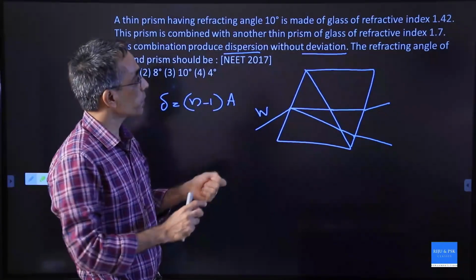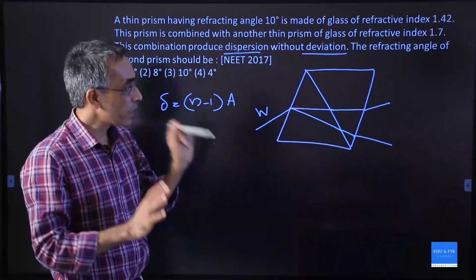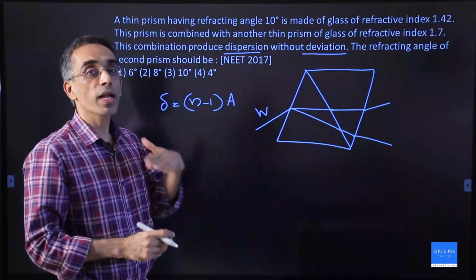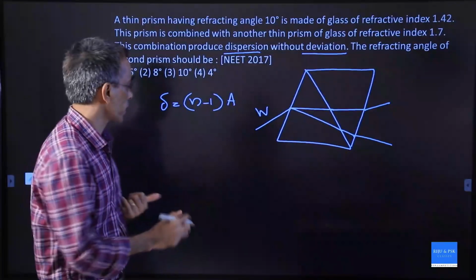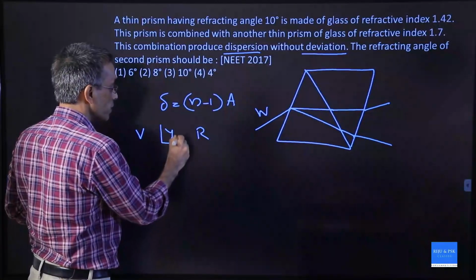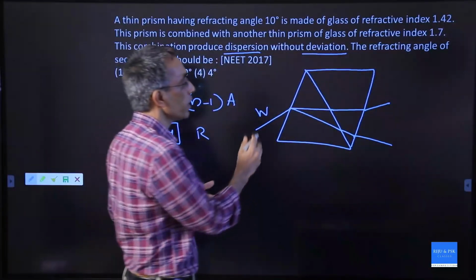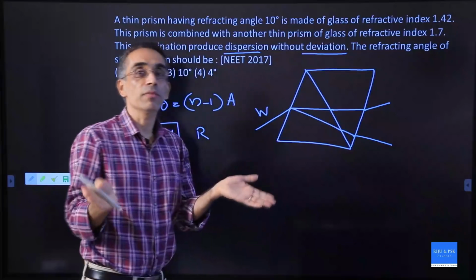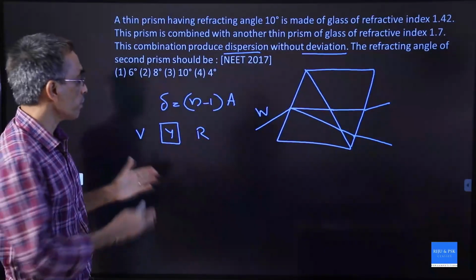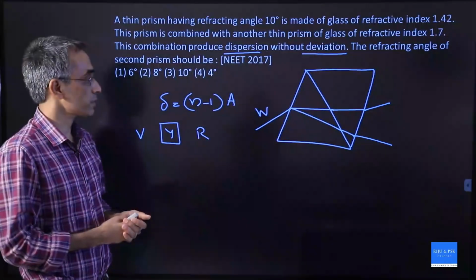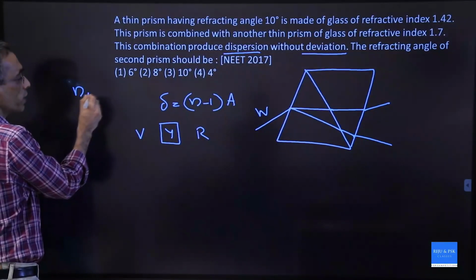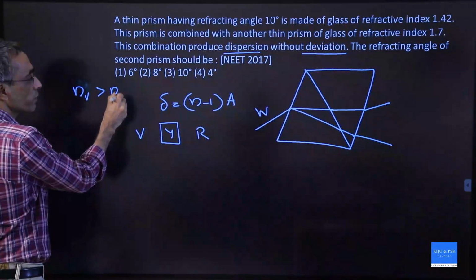So, what is the meaning of dispersion without deviation? When they say without deviation, what they mean is that the mean wavelength will not have a deviation. Mean wavelength, we know violet to red color, yellow is taken as the mean wavelength. So, yellow color may not undergo much deviation, that is the meaning of this. One more point, the refractive index for violet color is greater than the refractive index of red color.